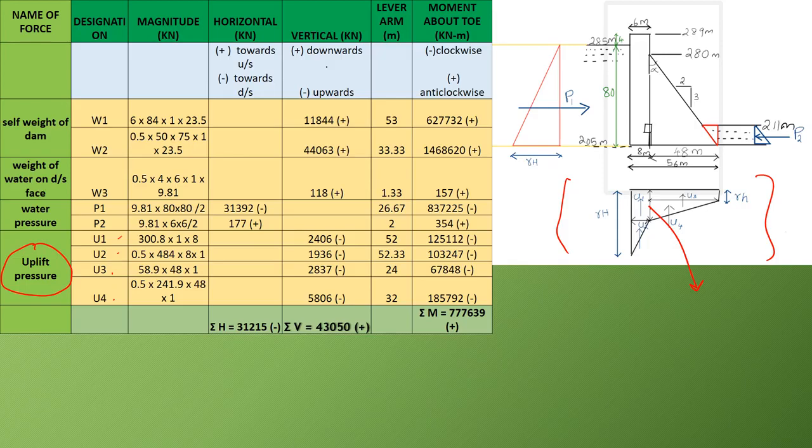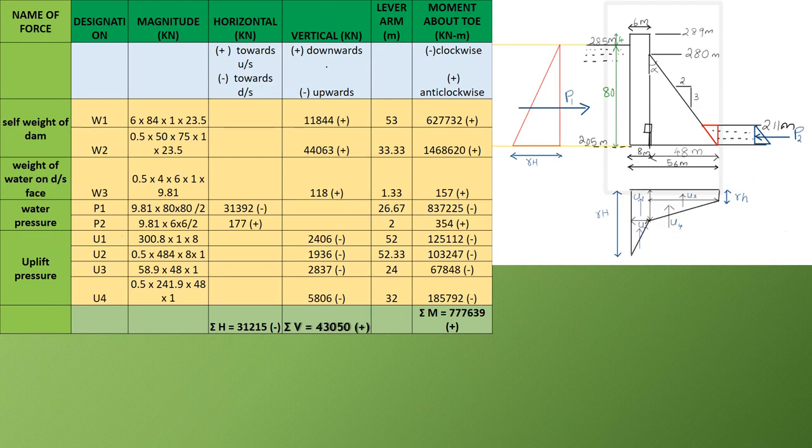After dividing the diagram into 4 parts, U1 is the force corresponding to this rectangle, U2 is the force corresponding to this triangle, U3 is the force corresponding to this rectangle, and U4 is the force corresponding to this triangle. We have to find all of these separately and then finally find the lever arm and moment.